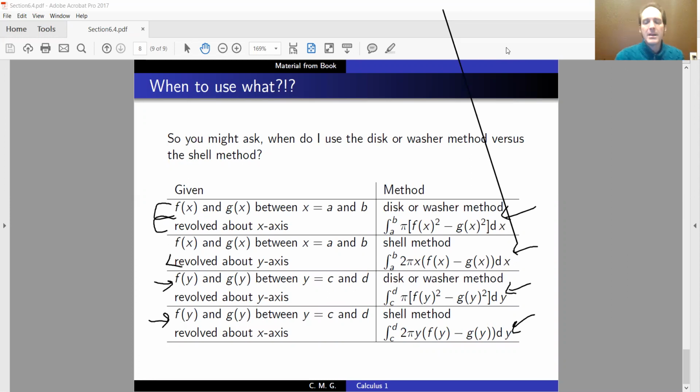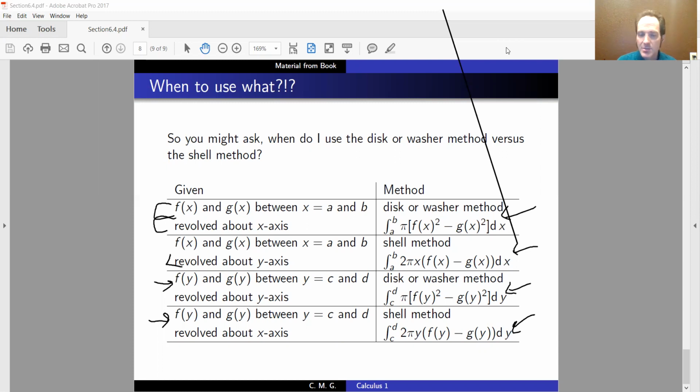Okay, and basically it comes down to experience. So you just have to try a whole bunch of these questions and say, all right, I'm going to try it. If you get to a point where you cannot integrate, try to use one of the other methods. Maybe I need to change everything in terms of y, and then use the disk or washer method.